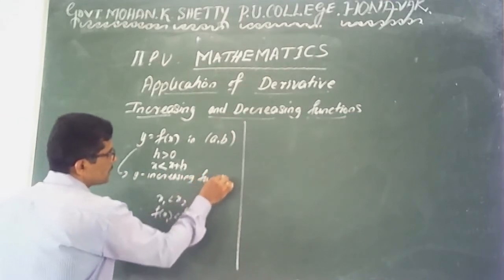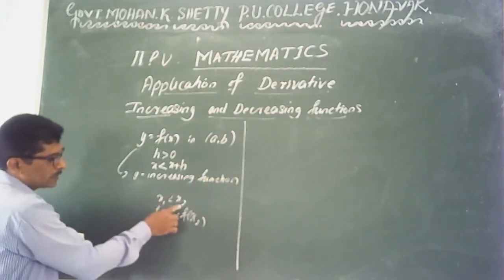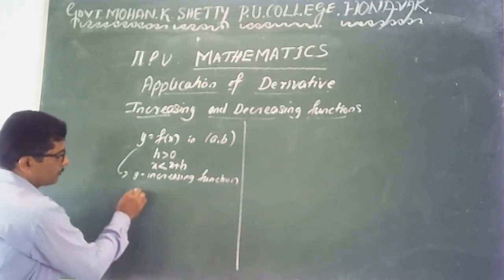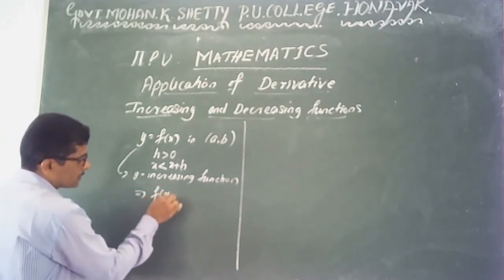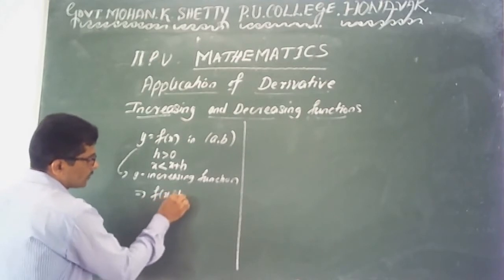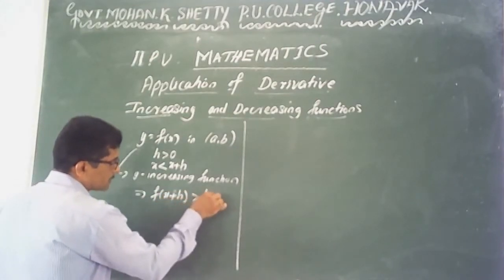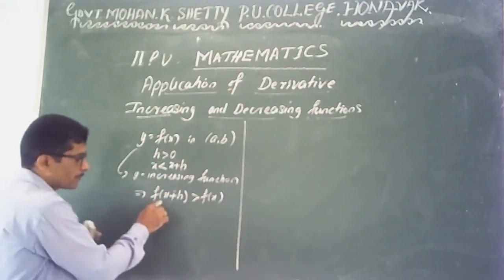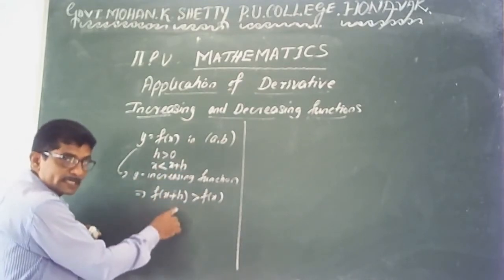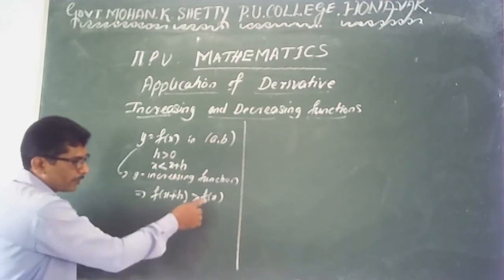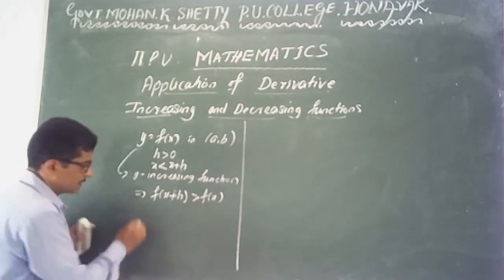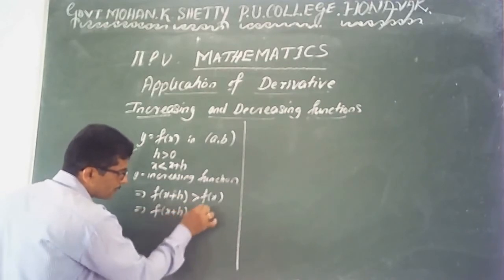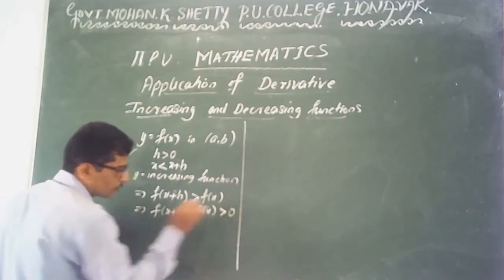If it is an increasing function, x1 less than x2 gives f of x1 less than f of x2. It implies f of x plus h is greater than f of x, which means f of x is less than f of x plus h. It implies f of x plus h minus f of x is always positive.